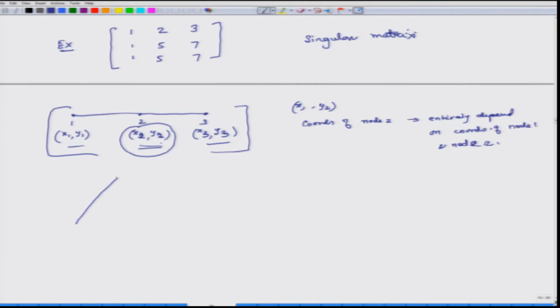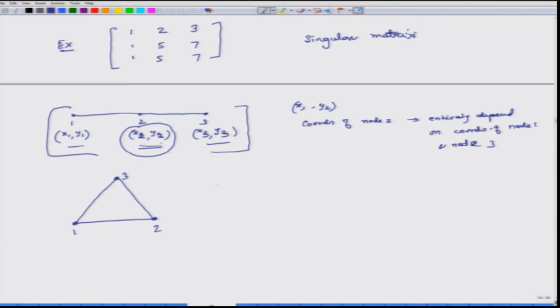If I have a situation like this, with node 1, node 2 and node 3 forming a triangle, then the coordinate of each of the nodes is totally independent of the other 2 nodes, but the same thing cannot be said when nodes lie on a straight line.